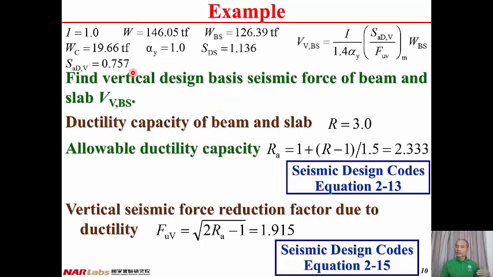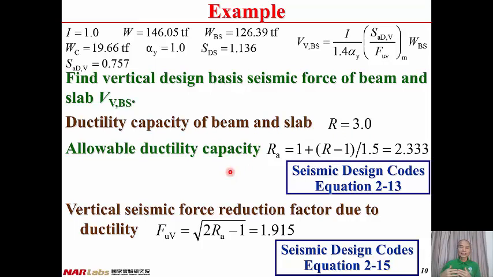So far we have SADV, and the next question is to find out the seismic force reduction factor due to ductility. If the beam and column are properly designed, the ductility capacity can be assigned to be R equal to 3.0.